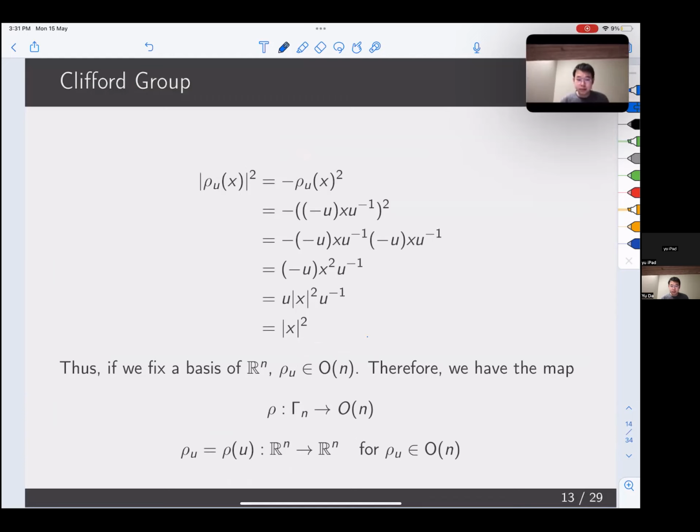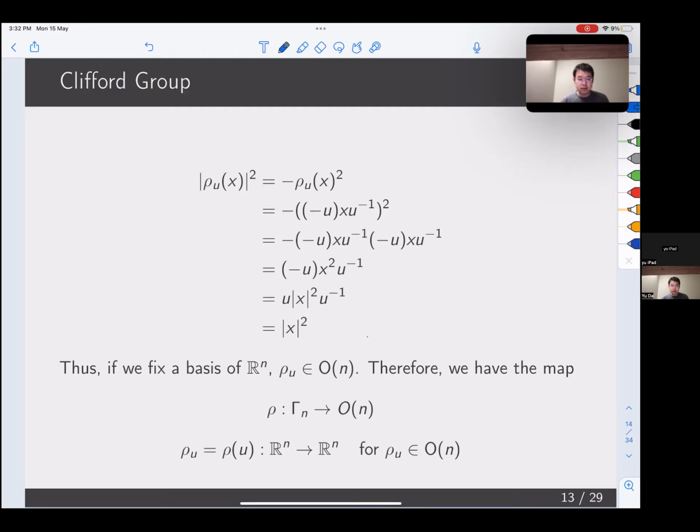This is proven by some properties about the norm that we talked about before. So we can see that rho U applied on X, the norm squared of that, is equal to the norm squared of X. So we see that rho U preserves the norm.